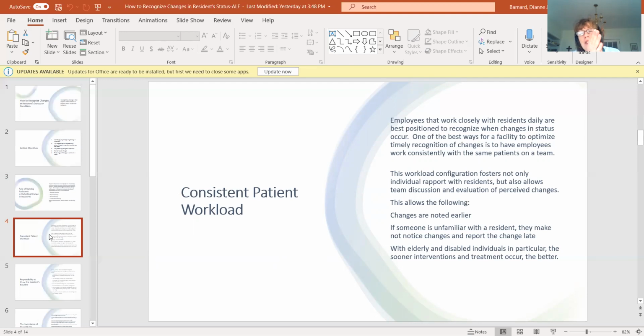But even so, changes occur over time, and with the elderly, disabled, more acutely ill or medically compromised patients, changes can occur like that. It can occur in a minute, it can occur from shift to shift, and it can occur during your shift.